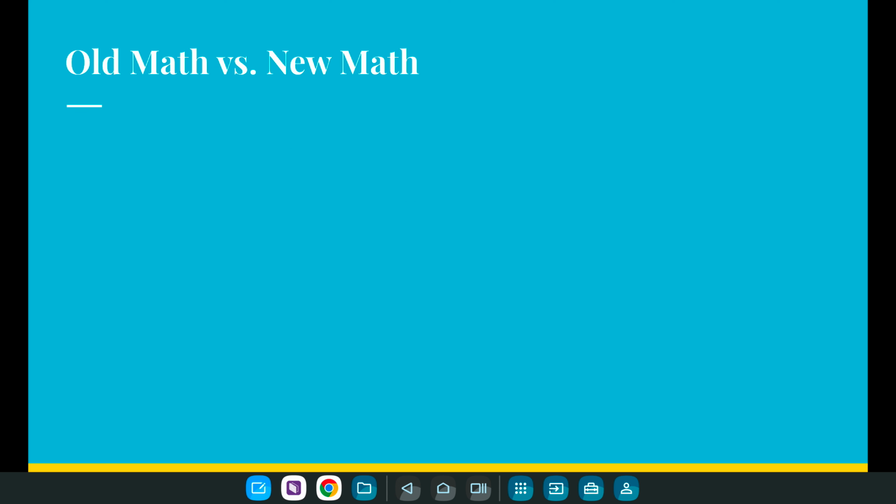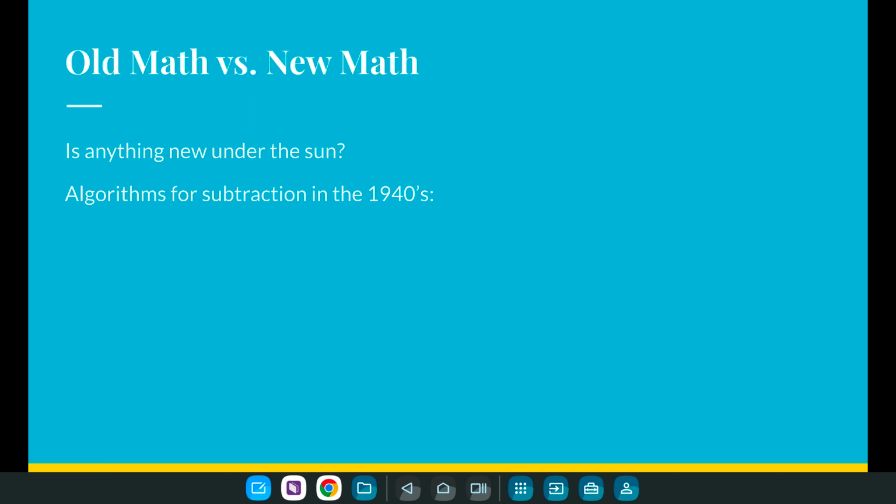So I just like to get started and talk a little bit about old math versus new math. A lot of people want to call the way we teach math in schools new math. It's in fact not new. These ideas and strategies have been around for a long time. So we might notice that some of these algorithms that we talk about when we talk about subtraction were all considered US standard algorithms during the 40s.